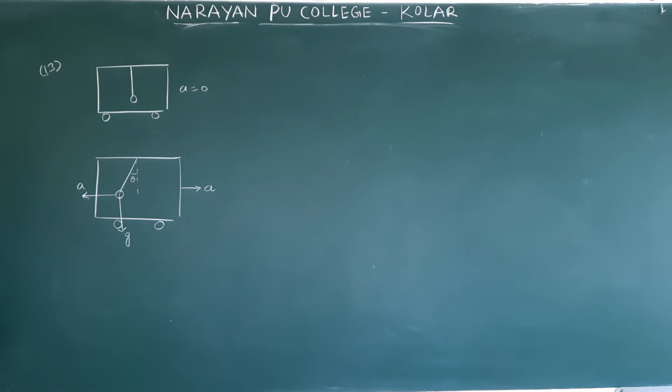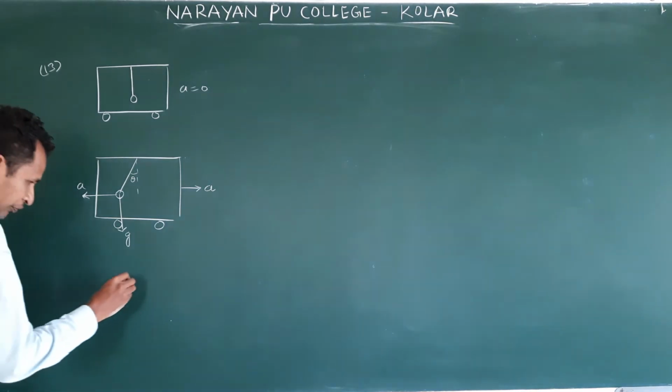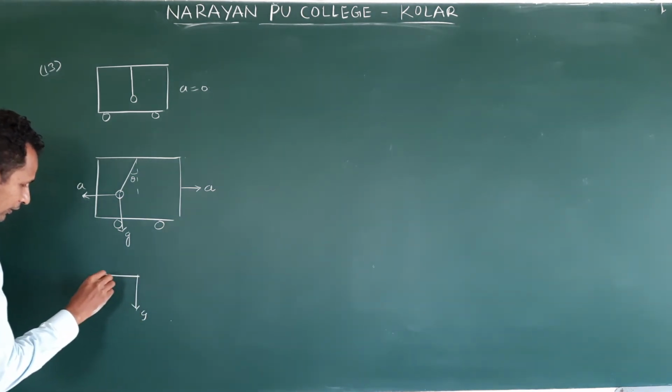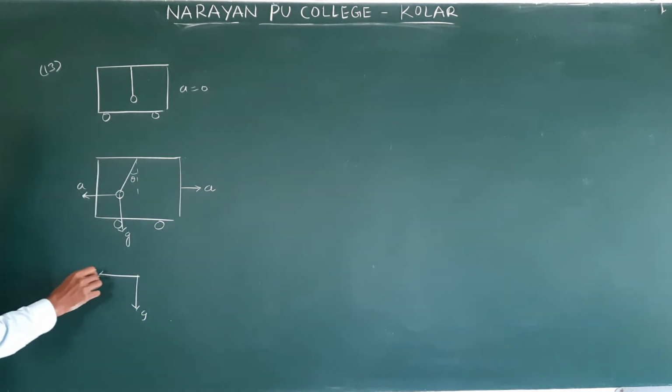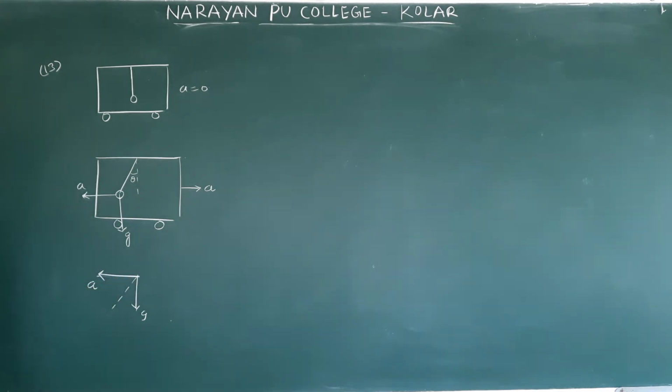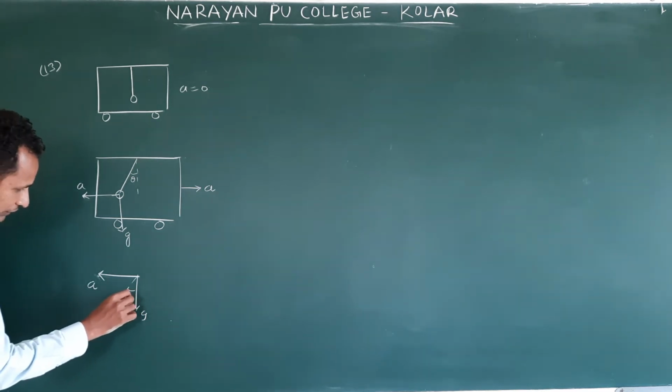In that case, we need to find the angle. So very simple, this is g, this is a, right? The net will act like this. Am I correct or not? So these two consider as vectors. We are taking with the vertical, this is theta.